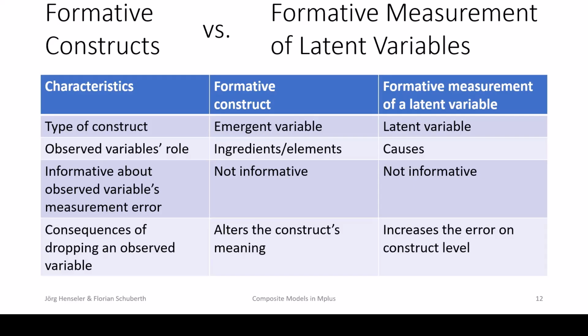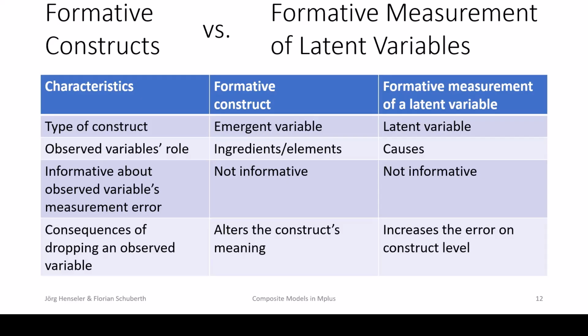In contrast, in formative measurement of a latent variable, the observed variables are causes. They cause the latent variable, and the relationship between the observed variables and the latent variable is a causal one. Then, in both cases, the observed variables are not informative about the amount of measurement error contained in the observed variables.